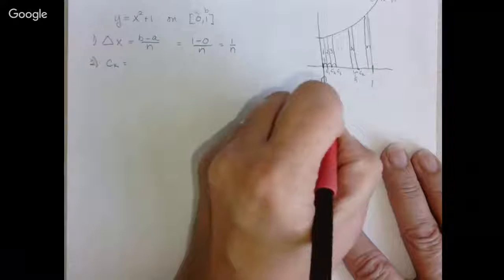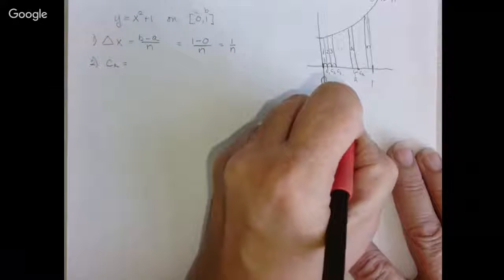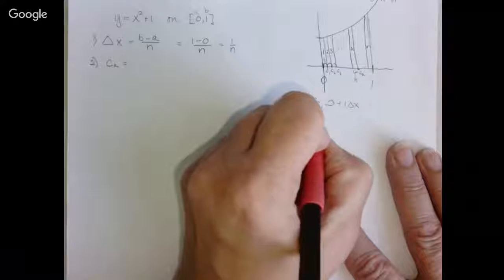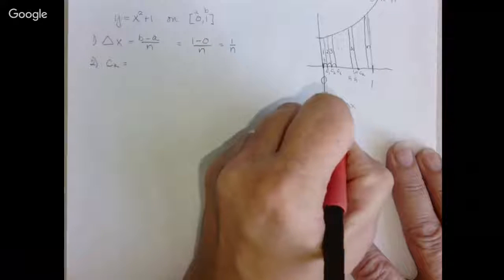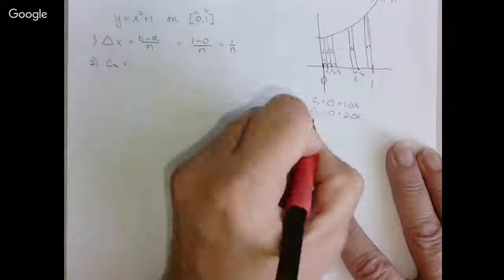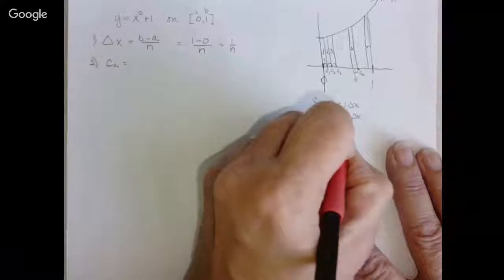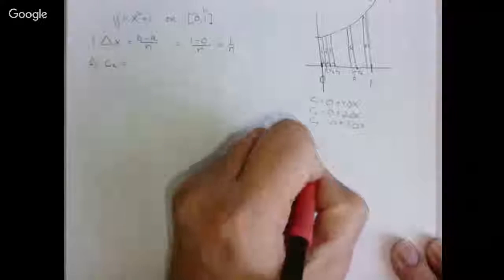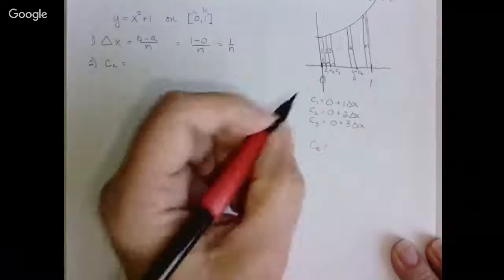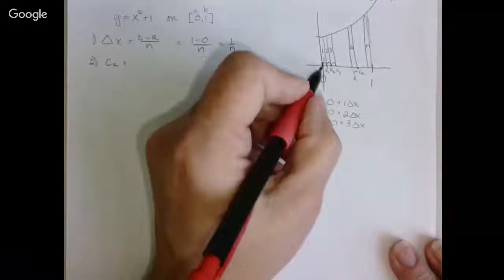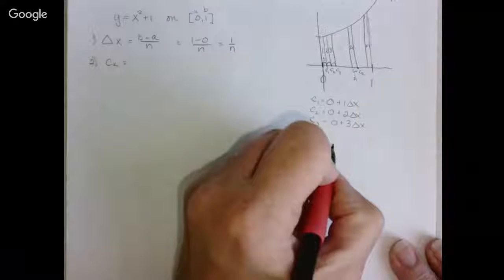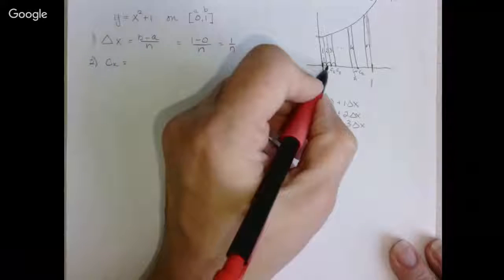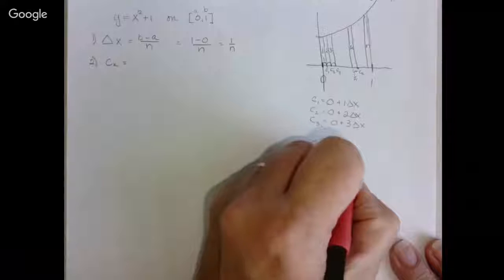So C1 is start at 0 and add 1 delta x. And C2 is start at 0 and add 2 delta x's. C3, we started at 0 and we added 3 delta x's. So how do you think we could write C sub k? What would I have to do? Well, I'd start at 0 and I'd add k delta x's.